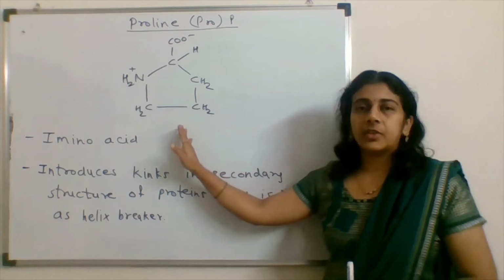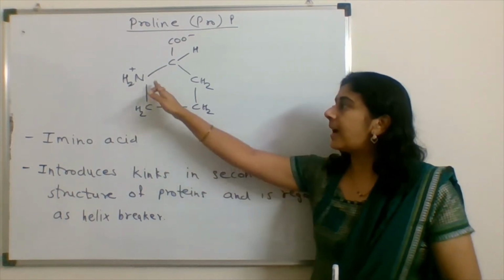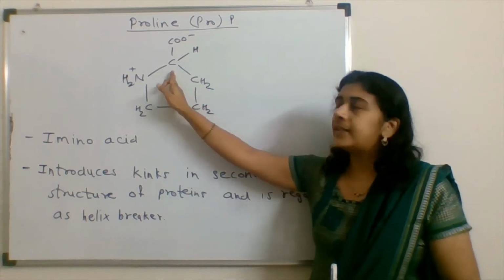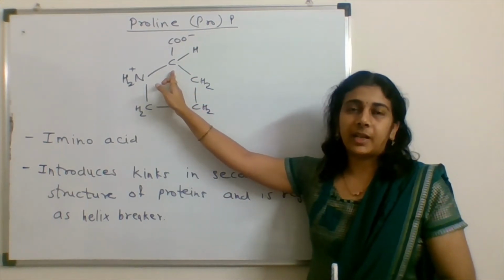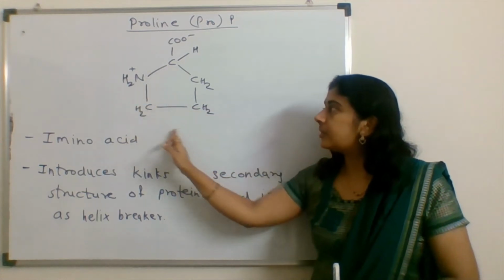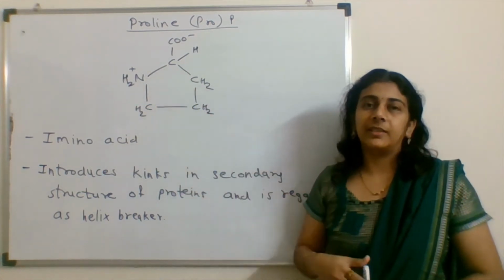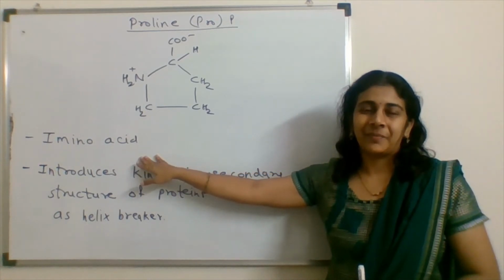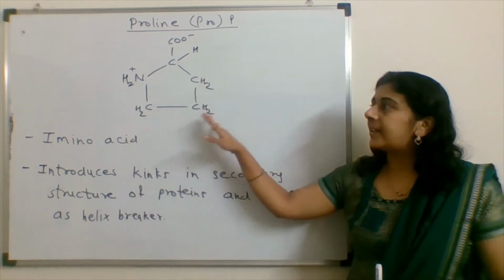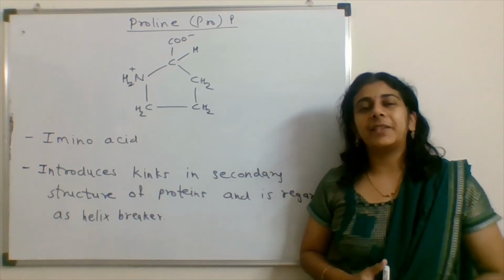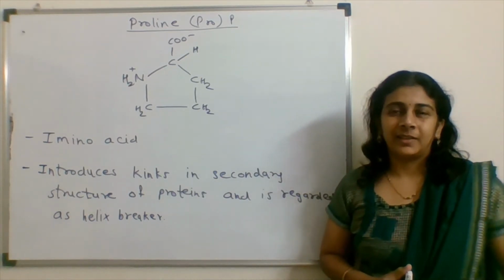If we see the structure of this amino acid, its aliphatic ring has been cyclized and joined with the alpha carbon atom present in the structure. Due to this cyclization, this amino acid is known as an imino acid. This cyclization creates kinks in the secondary structure of the protein.